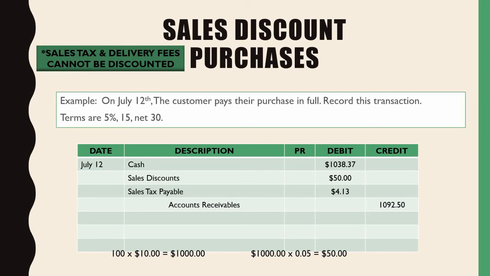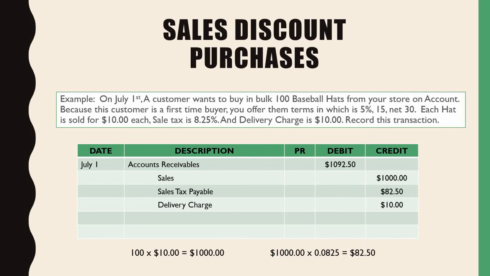And we do not record the delivery charge because it's already included in the accounts receivable portion. Correct. Absolutely correct. So when we're looking at the accounts receivable, let's look at it this way: I've already charged my customer this, and I've already calculated my sales tax to be this.